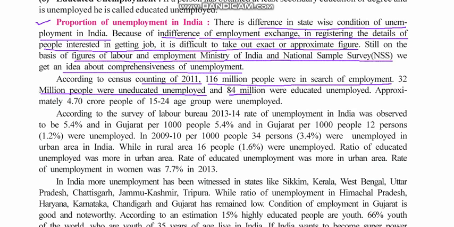At the same time, 84 million were educated unemployed, means those people who are learned, who have a degree with themselves, but still they are not able to get employment.